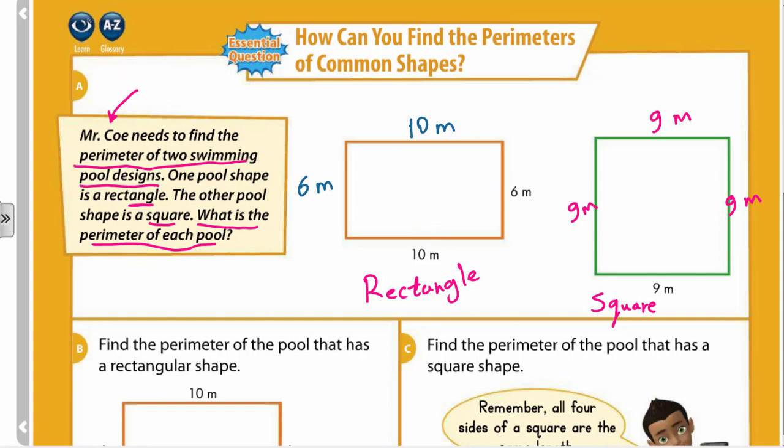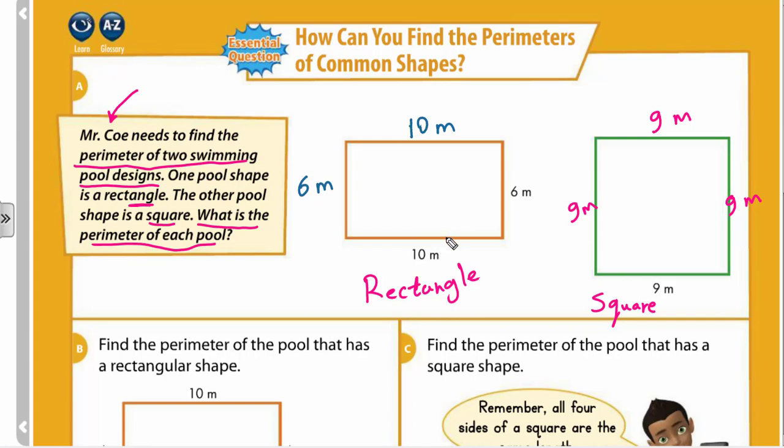Okay, so my heroes, again, the main difference here is that for the square, all sides are equal in length. So all of the sides have the same length, 9 meters. But for the rectangle, we have 2 dimensions.